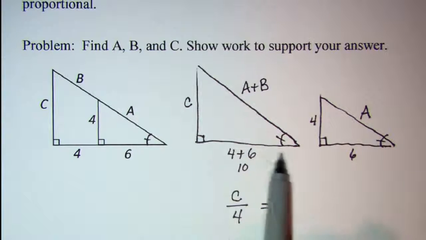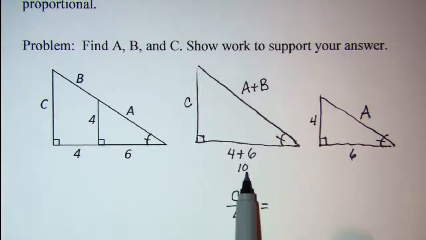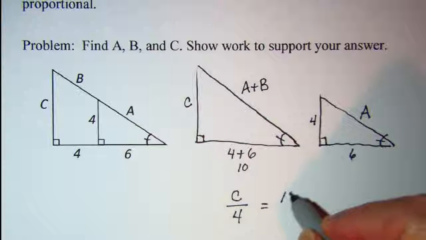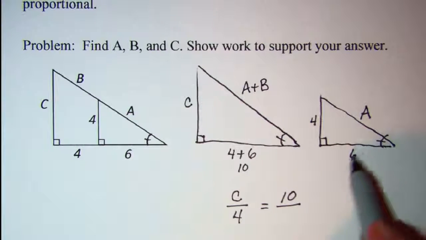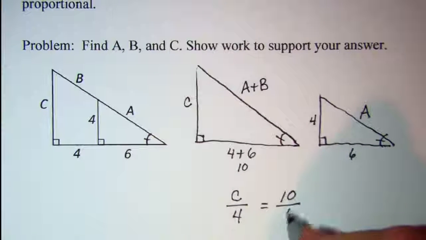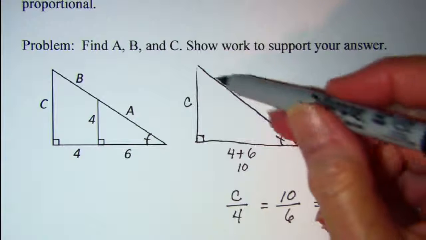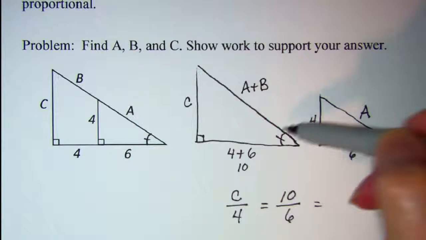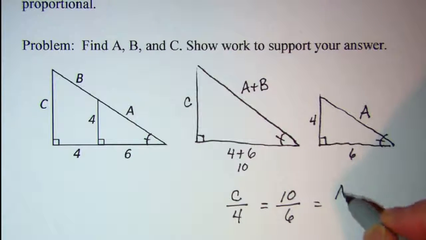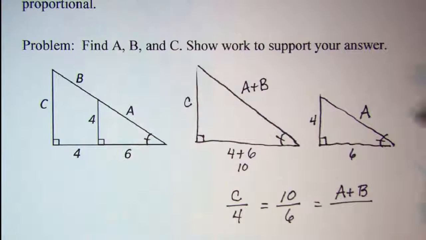On the base of our left triangle, we have 10, and the base of this right-hand triangle is 6, and the hypotenuse on the left triangle is A plus B, and the hypotenuse on this right side is A.